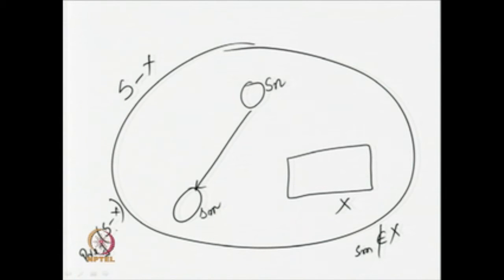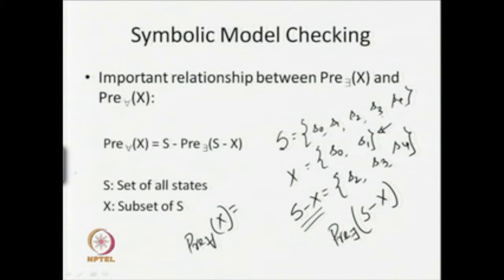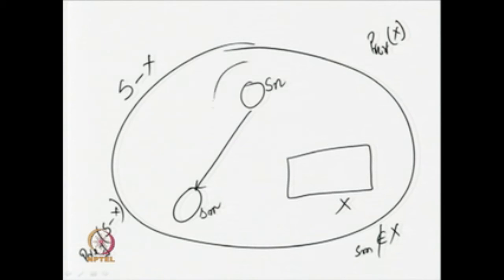So, this particular state will not come under pre∀(X), because all transitions are not going to X. That is why we first evaluate pre∃(S minus X). Such a state Sn comes into the picture, and it should not be included in pre∀(X).